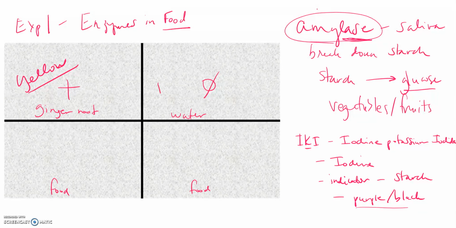In this quadrant, you should have seen the purple-black color because we didn't apply anything with amylase. So the starch was present. Once the IKI was added, the reaction would have occurred, right, to get purple-black. Now, depending on what you used for your food sources, you may have gotten yellow or black, depending on whether or not they contained any amylase in them.